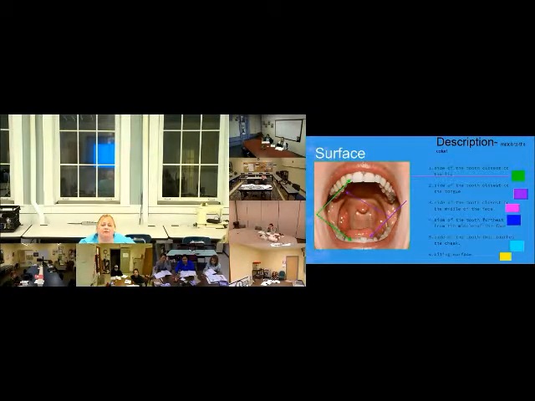We have the side of the tooth that is closest to the middle of the face. Okay, so the middle of the face is going to be right between your incisors in the front, your central incisors. And this side of that one tooth is the closest to the middle of the face.